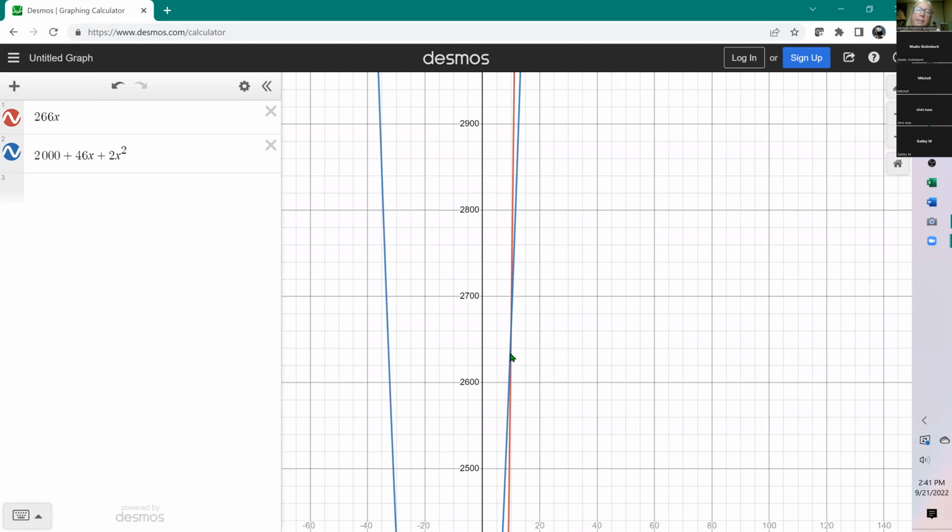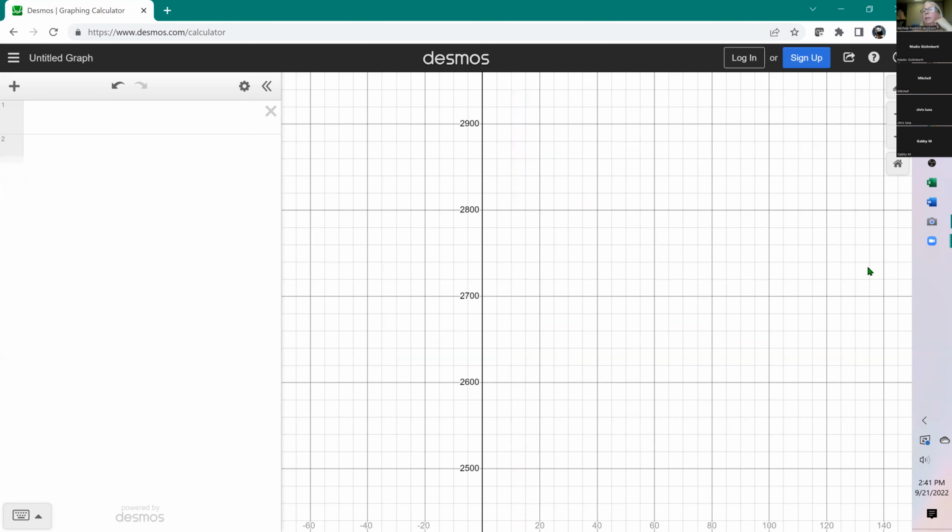But here at the 10 and the 100, because these numbers were so big, it's not showing as nice as I thought it would. But normally it will go through this way more. I'm going to keep this open though. We're going to need it.